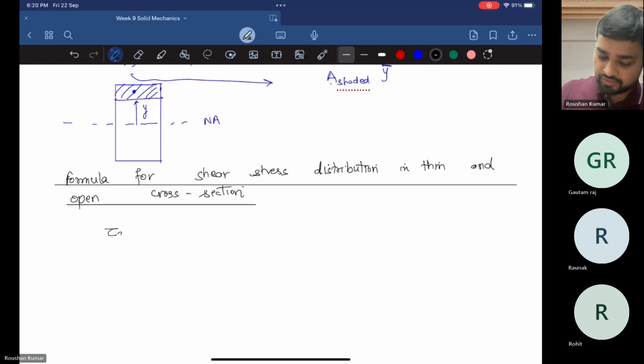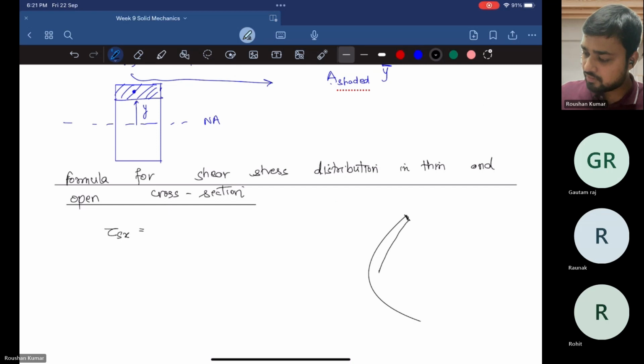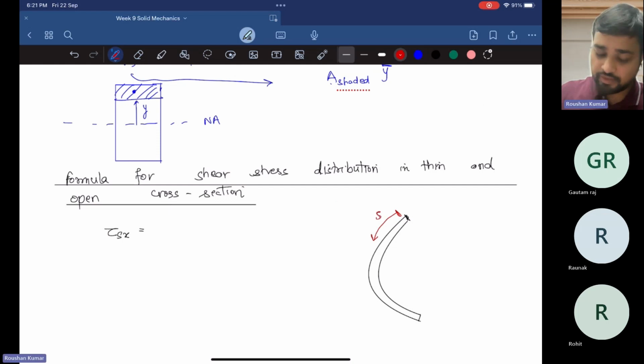So shear stress is given by tau xx. Suppose we have an open cross section, and s is our variation of arc length, and x is our plane.